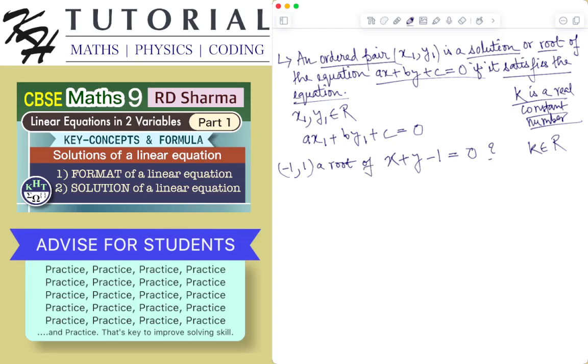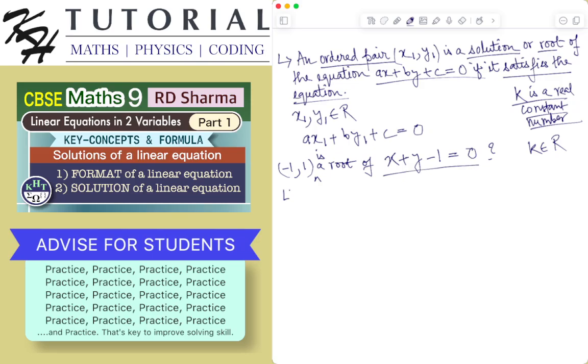Can we say, is it true that minus 1 and 1 is a root of the linear equation x plus y minus 1 equals to 0? How will I know whether it's a root or not? I will find the value of the LHS. Remember that first I will convert the given linear equation into the standard form, that is ax plus by plus c equals to 0. This equation is already in the standard form.